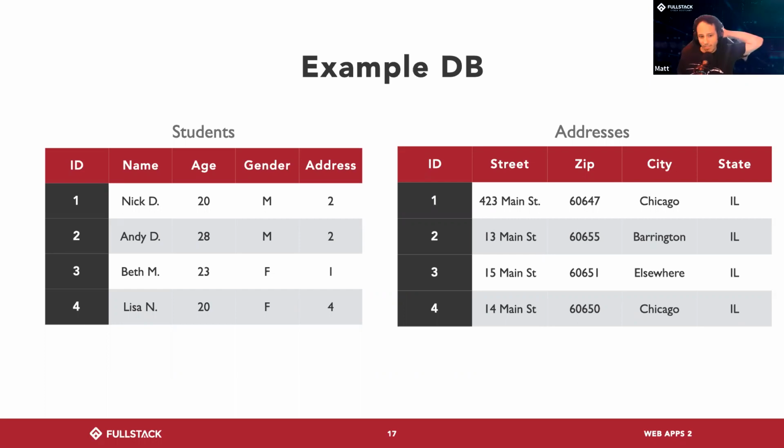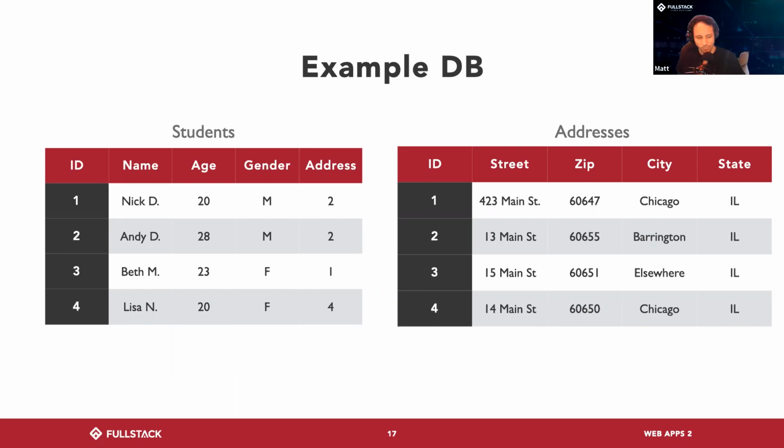Some databases have it set up that it's slightly more random, but either way, there's some unique identifier for every entry on a table. So those unique identifiers, we call them primary keys. So Nick D has the unique identifier 1, Andy D has the unique identifier 2. If we look on addresses, 423 Main Street, unique ID 1.